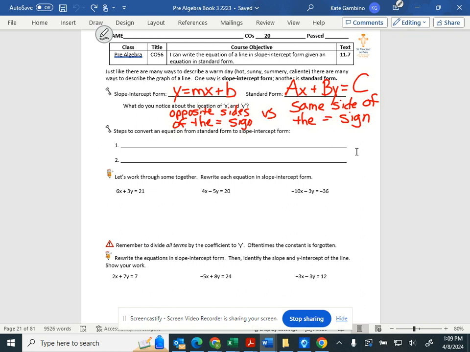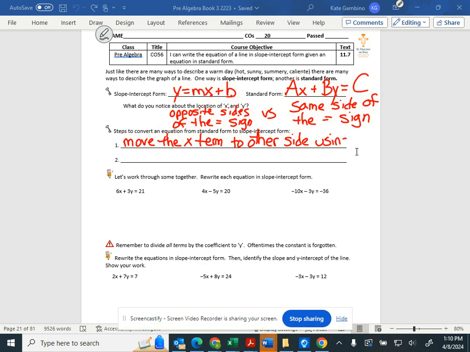So we need steps to convert an equation from the standard form to the slope-intercept form. We want that y on one side of the equal sign, everything else on the right-hand side, because we've got y by itself, and the x and that b are on the right side. So one, we're going to move the x term to the other side using what?